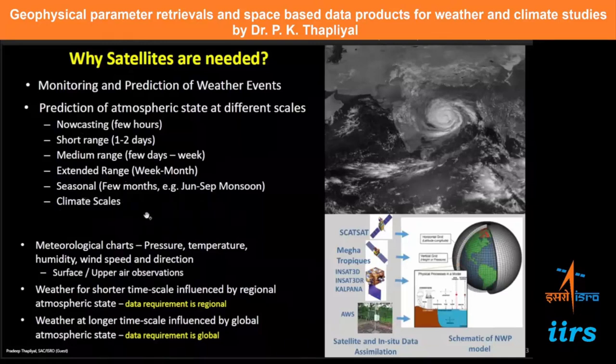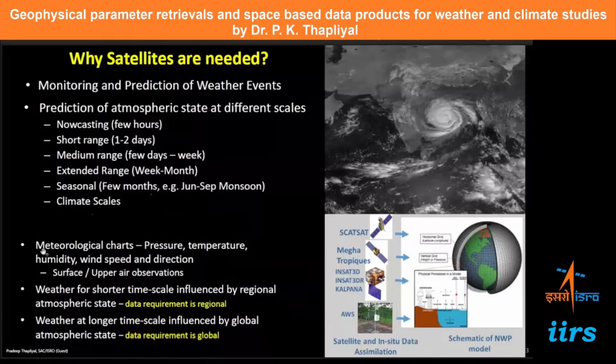And then there are climate scales, when we want to see the impact of climate change on, say, temperature or rainfall, or any other parameter. So there are different scales of weather prediction, and we need data for all this weather prediction. Now, what are those parameters, or what are those data which are required?